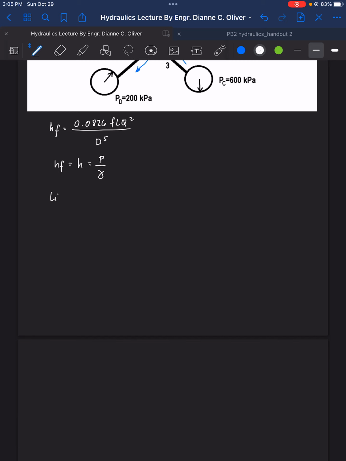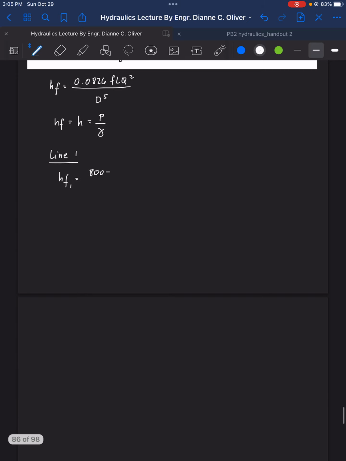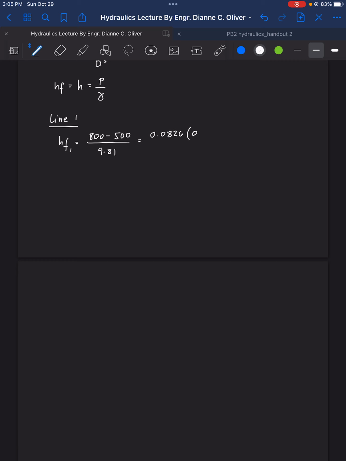So for line 1 here, our head loss 1 is equal to the difference of pressure, so 800 minus 500 all over 9.81, is equal to 0.0826 times F, which is 0.0294, times the length.